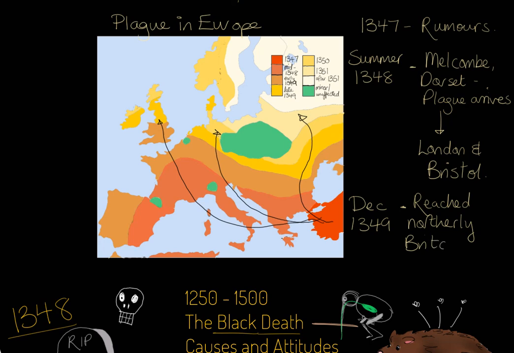And it's almost impossible to imagine what this would have been like for people at the time. There are stories about whole villages being wiped out, whole settlements of people that after this just didn't exist anymore because the plague killed them all. There are stories about people being buried in mass graves because there wasn't time to bury people individually.